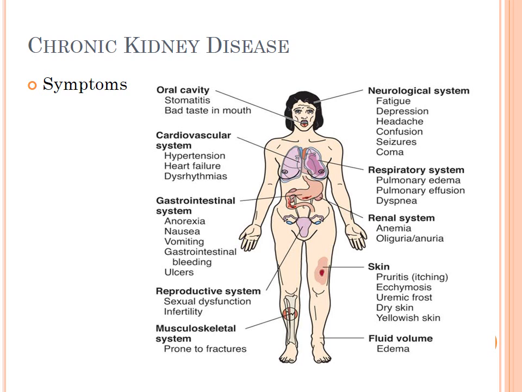If you remember what it was, 100 to 125, that's a significant decrease. Somebody is going to require dialysis when the GFR is less than 15 milliliters per minute, and require a transplant. Often somebody will be receiving dialysis and on that transplant list, and often people won't survive long enough to get a transplant. But on this page you have all the effects of chronic kidney disease on all the different body systems.